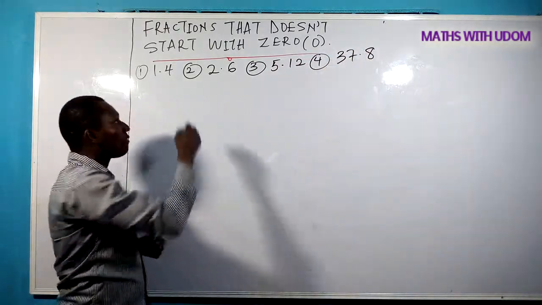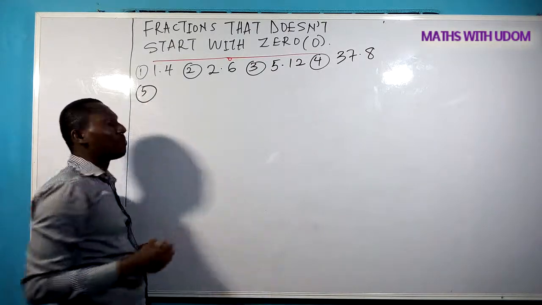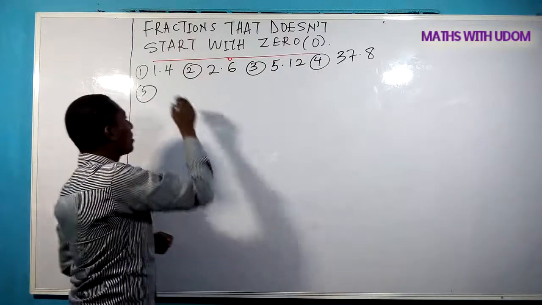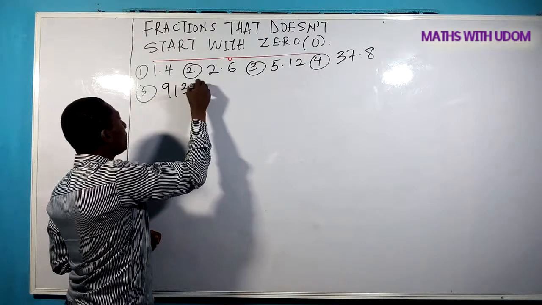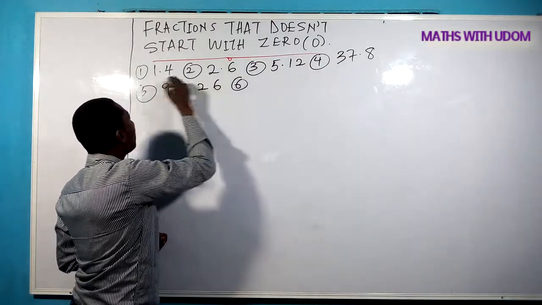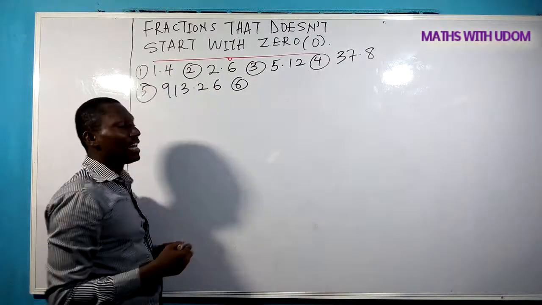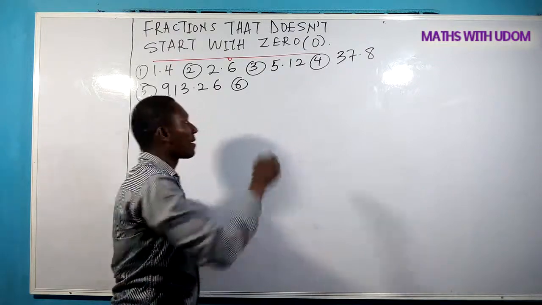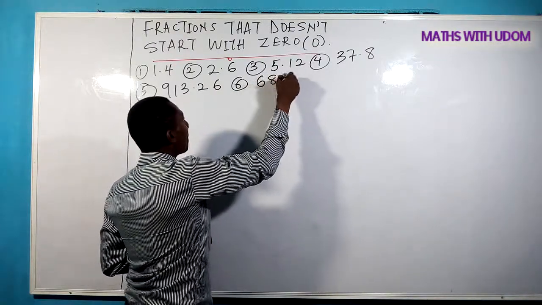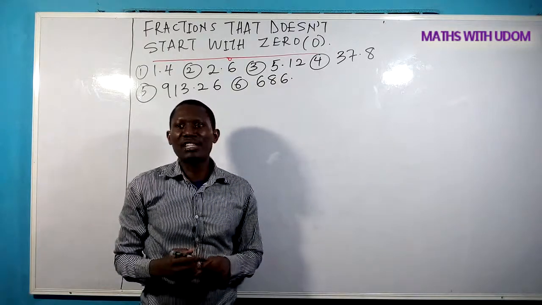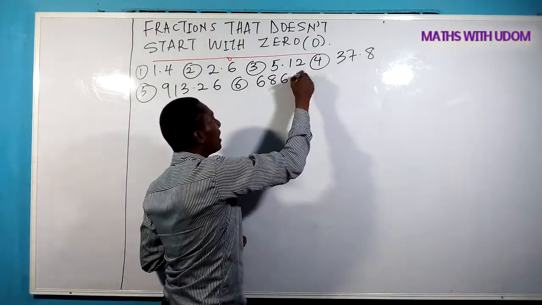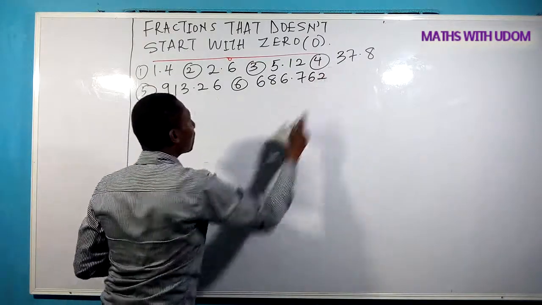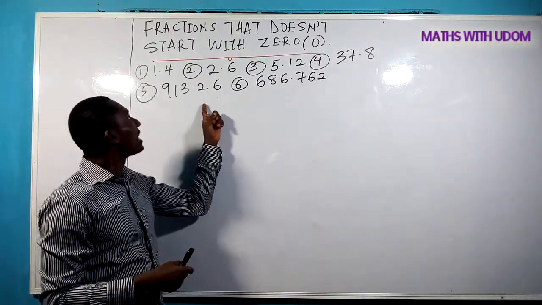Number 5, 913.26. And number 6, 686.762.